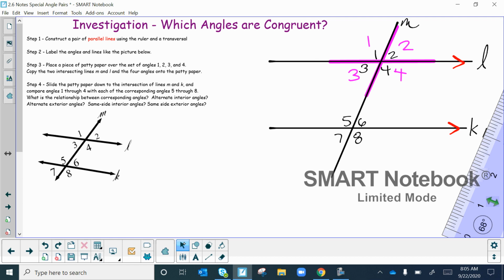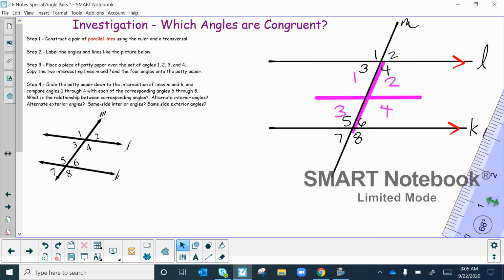Slide my little tracing over the intersections of lines M and K. So watch when I slide it down. What happened here? It's exactly the same. You notice angle 1 is exactly the same as angle 5, 2 is the same as 6, 3 with 7, and 4 with 8. Okay, so we have a bunch of congruent angles here.